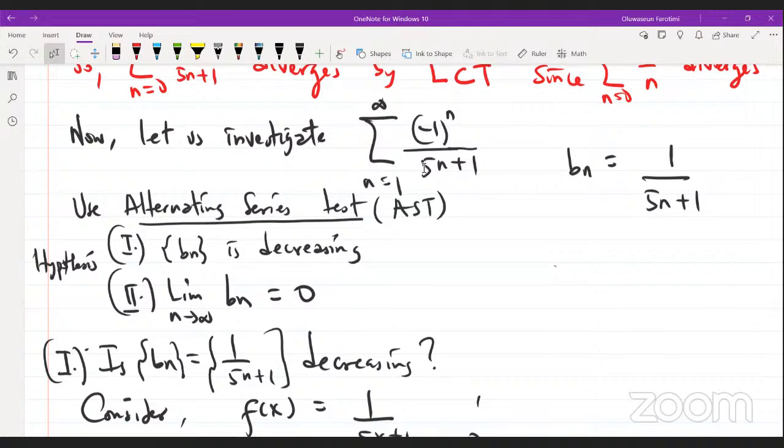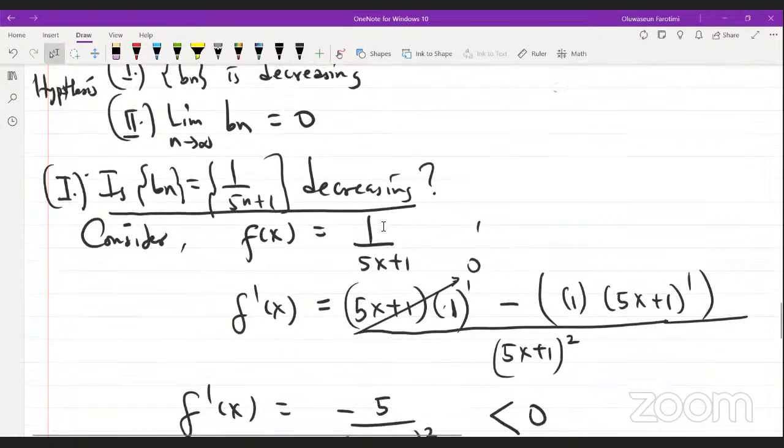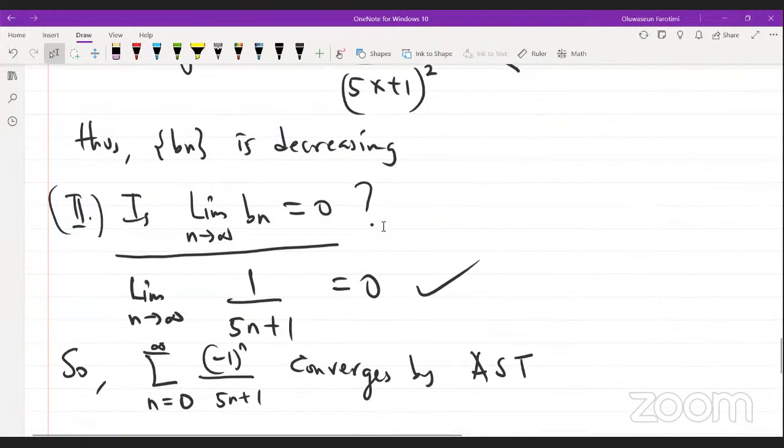Okay, so in that case, you check, and that's what we tried to do here. Is this decreasing? We use the first derivative test. It was actually decreasing. We came over here and said, oh, okay, the limit of Bn equals 0. And truthfully speaking, it equals 0. So by the alternating series test, we conclude that the original series converges.